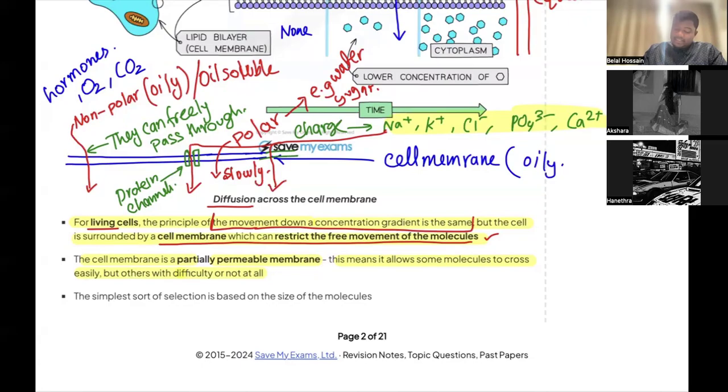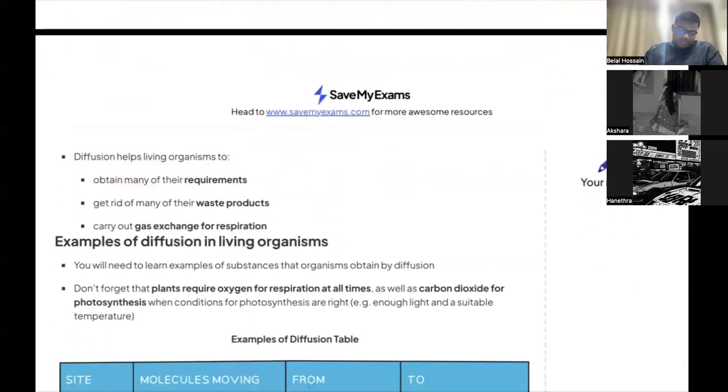They can mainly pass through by means of active transport, and they can pass through by means of protein channels only. So they need permission. That's why it is said that the cells are semi-permeable, because some materials can go through easily, others cannot.